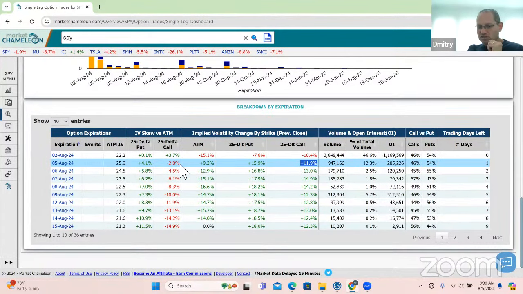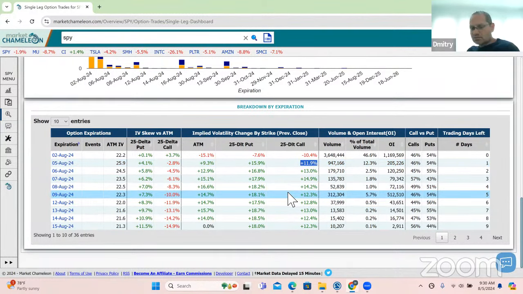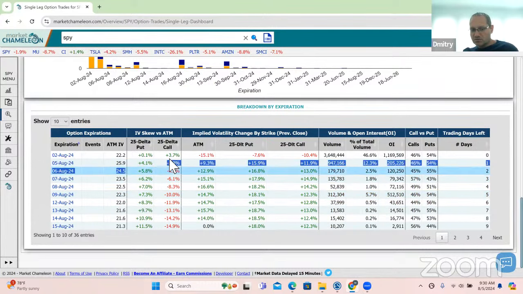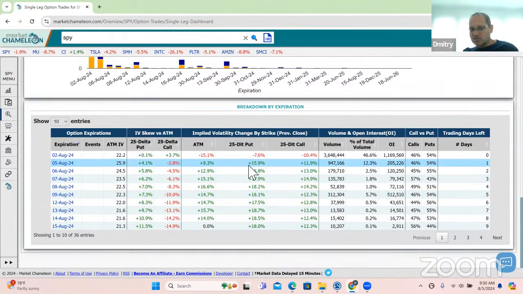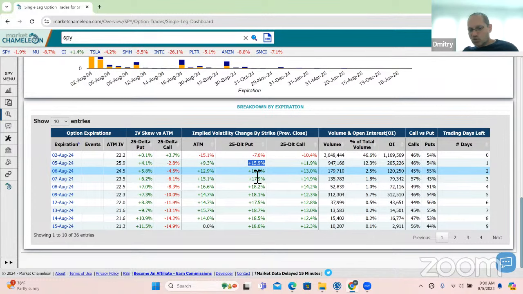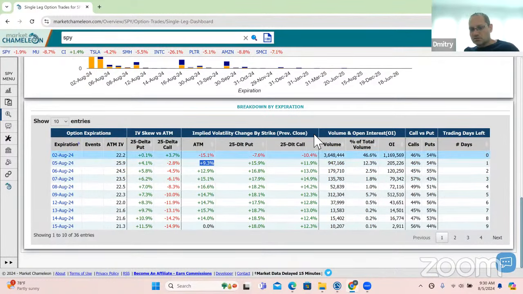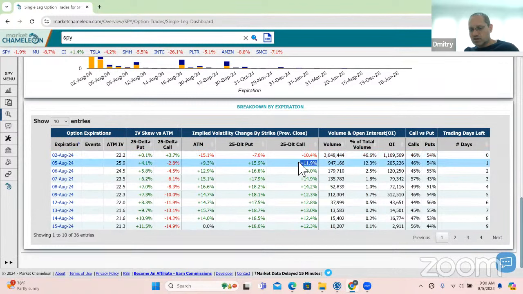So the implied volatility on all those strikes, at the money, 25 delta put, and 25 delta call, increased from the previous day. The 25 delta put had the biggest increase, 15.9% versus the at the money's 9.3 and the 25 delta call's 11.9.